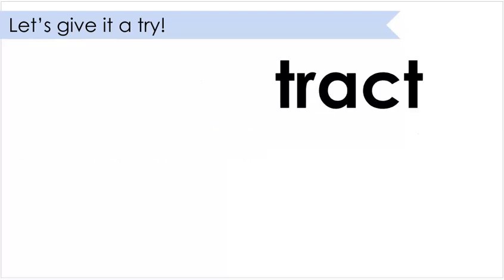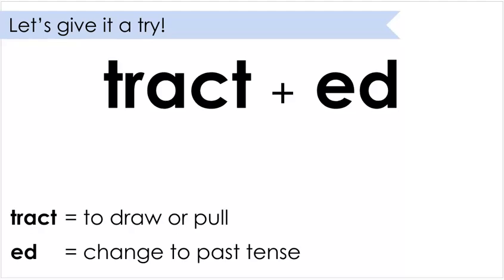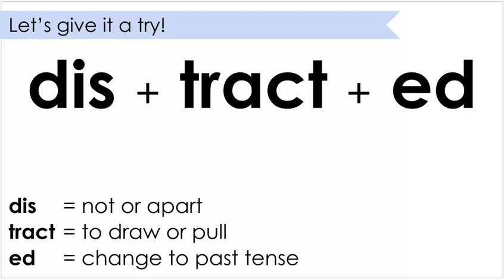Let's give it a try again. We have tract. This time let's add ed, which is a change to past tense. So tract means to draw or pull, ed change to past tense. Now, if I add that, it actually is not a word. Tracted is not a word. However, I am going to bring back one of our previous prefixes, dis, which means not or apart.